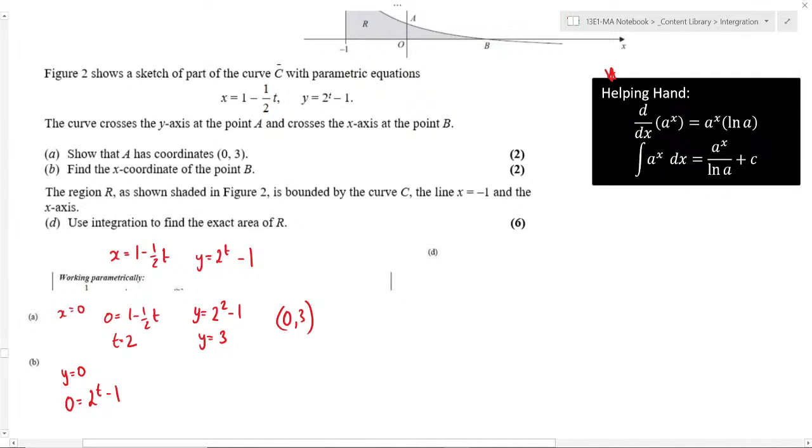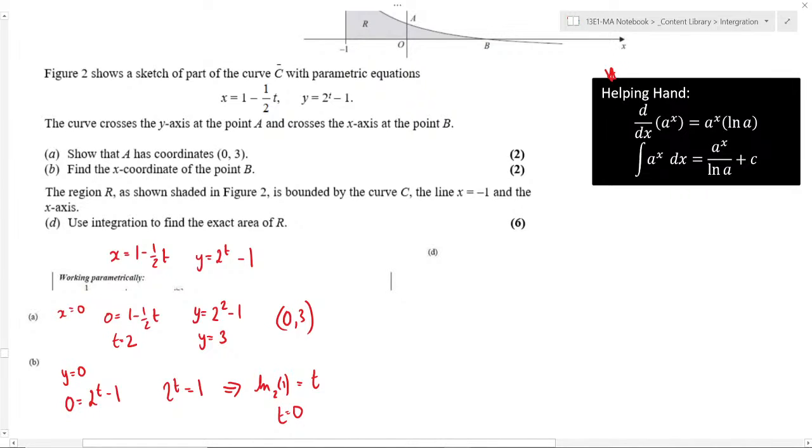Let's take the 1 over, so we end up with 2^t is equal to 1, which means log base 2 of 1 is equal to t. What's log of 1? 0, so t is equal to 0 at this point.